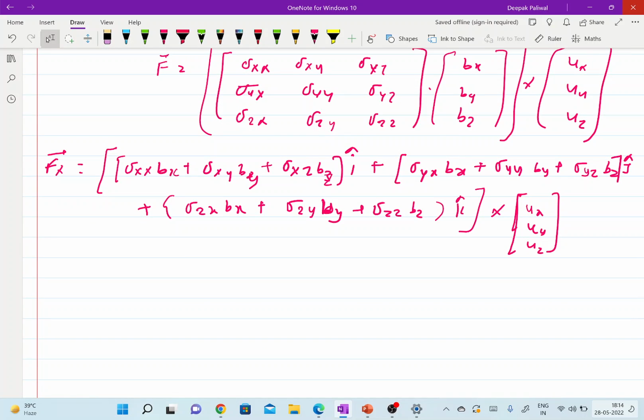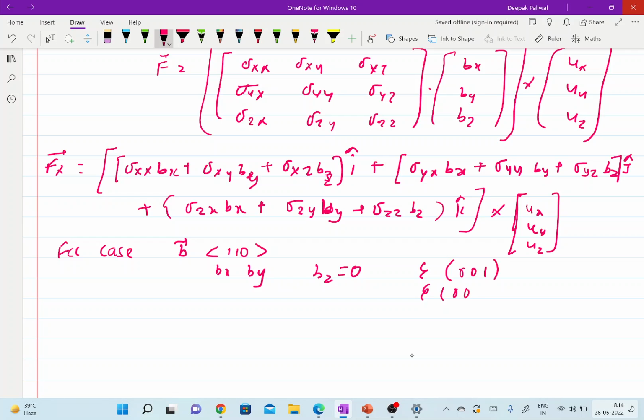Now I am writing it for the FCC case. In the FCC case, we know the Burgers vector is of the 110 type, so we have bx component, by component, and the bz component is 0. I am assuming the line vector is 0 0 1, so we will have 0 0 uz. Let me write this equation for the FCC case.